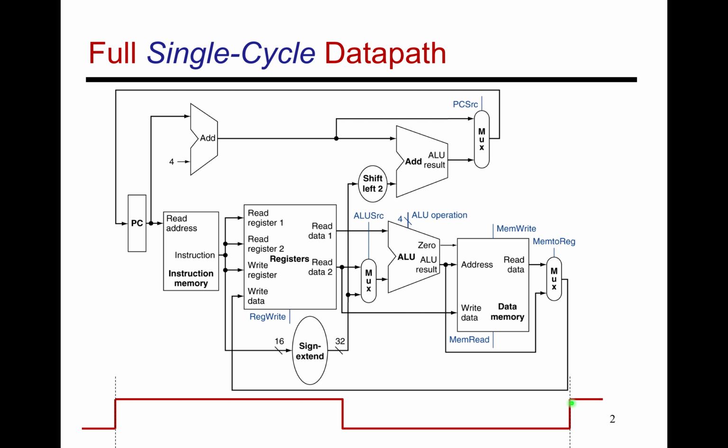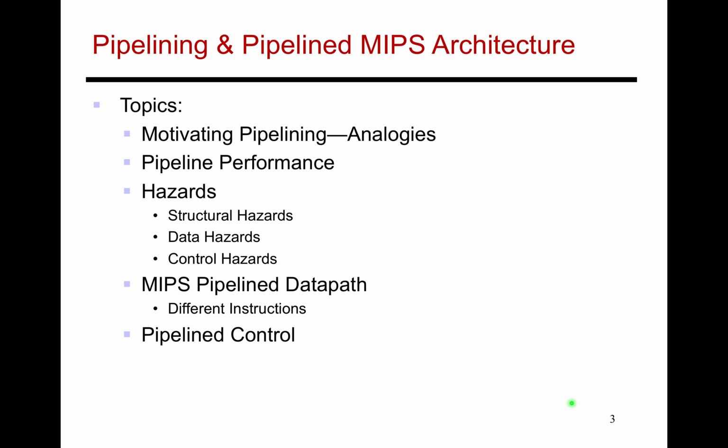Operations like this, while they're okay, are slow because we are doing one thing at a time. So the idea is, can we speed up the operations by possibly executing more than one instruction during the same clock cycle? And the answer is yes, we can do that through a concept called pipelining.